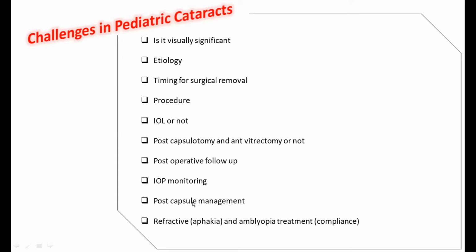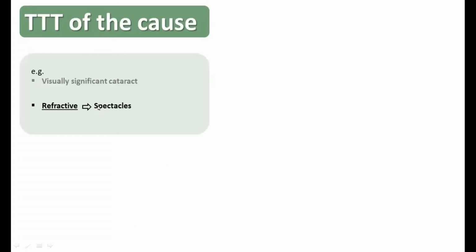And how about posterior capsular management if it wasn't done during surgery? And again, amblyopia treatment and aphakia correction after surgery if the child is left aphakic. It's really important. This topic, pediatric cataracts, is very crucial to learn, study, and to keep updated about any new lines regarding this topic.